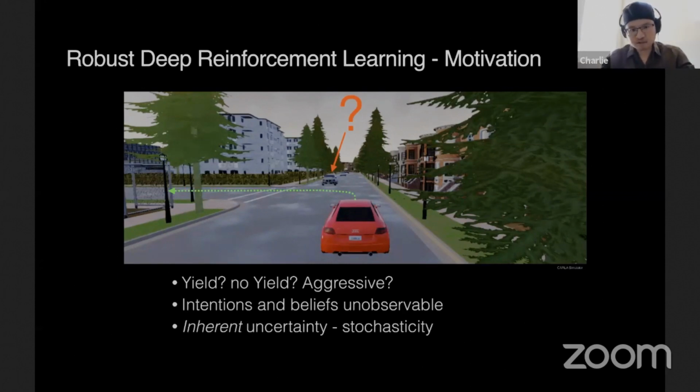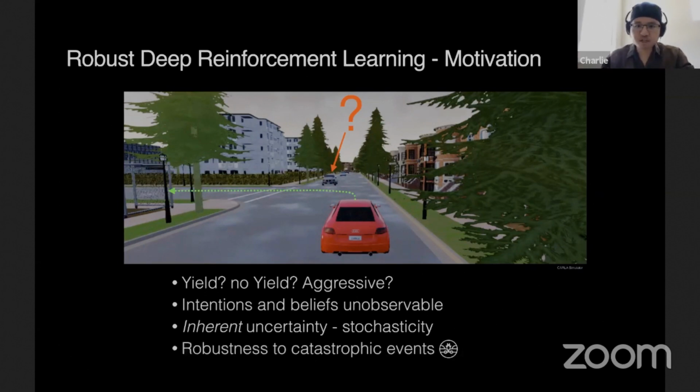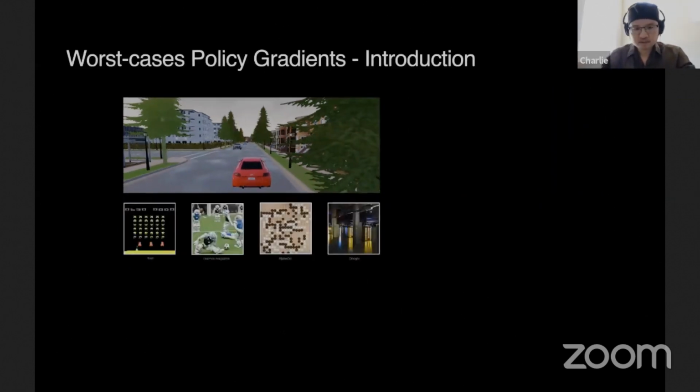The person in front of us could be aggressive, they could yield to us, or they could not let us make the turn. So we don't really know. And the question is, in the face of this uncertainty, how are we able to make robust and safe decisions?